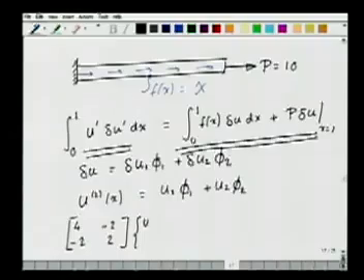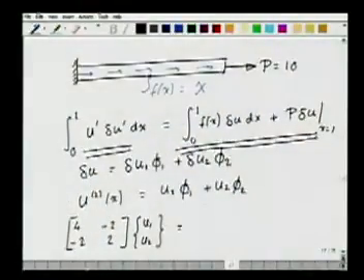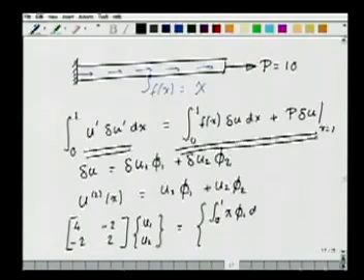like this. I am simply going through the steps. So it is integral 0 to 1 x phi 1 dx plus 0, because phi 1 at the point x equal to 1 is equal to 0, and the second part will be x phi 2 dx plus P. Why?